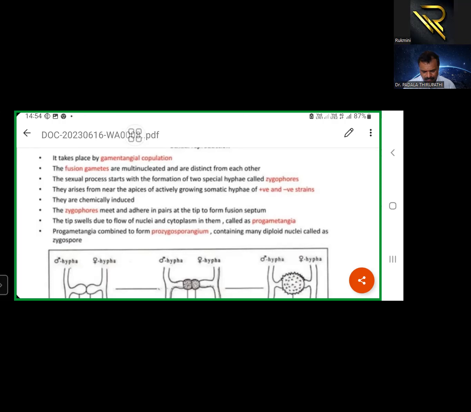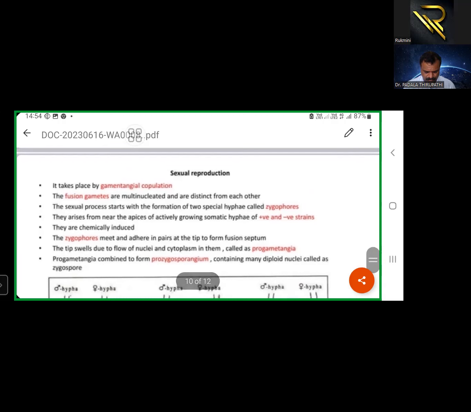And these morphologically similar species produce two different structures called gametangia. The structures involved in the sexual reproduction process of Mucor are called gametangia. That is why the method of sexual reproduction here is called gametangial copulation.